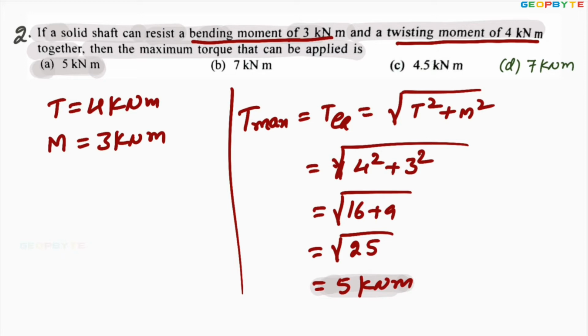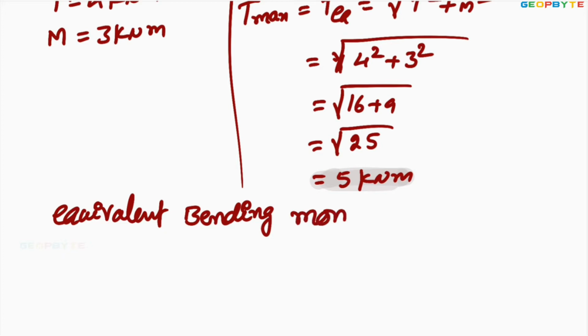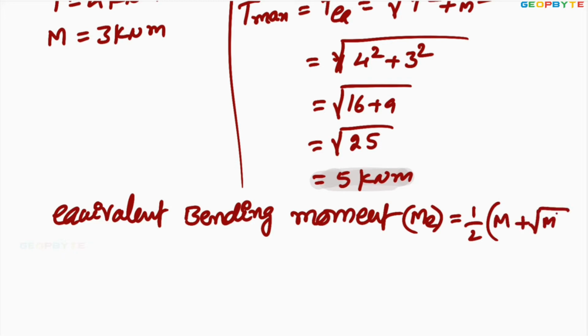Remember, for this kind of problem, there is a possibility to ask for the equivalent bending moment or maximum bending moment. If it is asked for the equivalent bending moment, ME equals half into M plus root over M square plus T square.